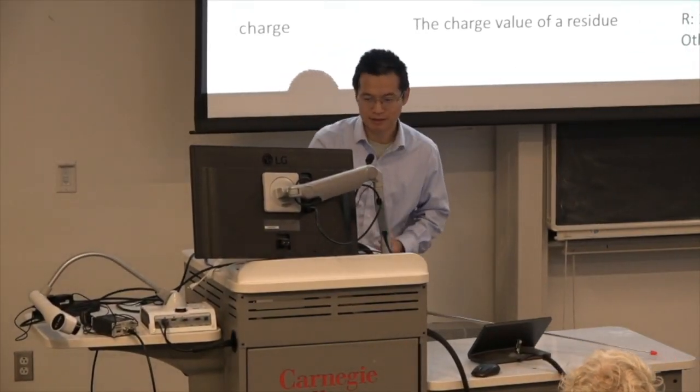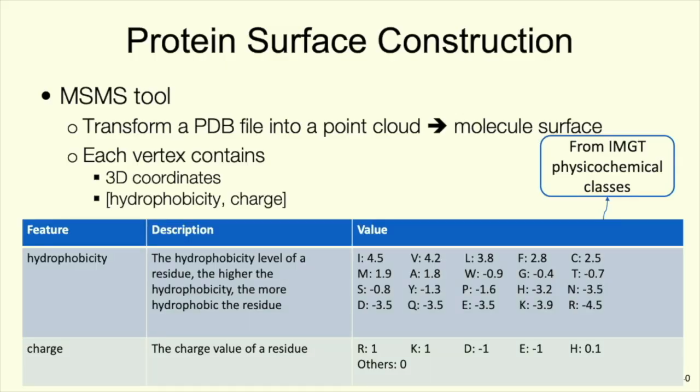If you are curious how we get the surface in training and at inference time, there's a tool called MSMS. It can convert protein data from the Protein Data Bank to a point cloud.